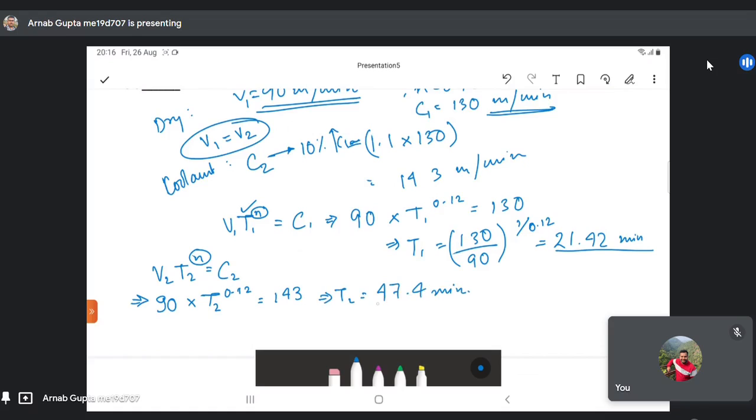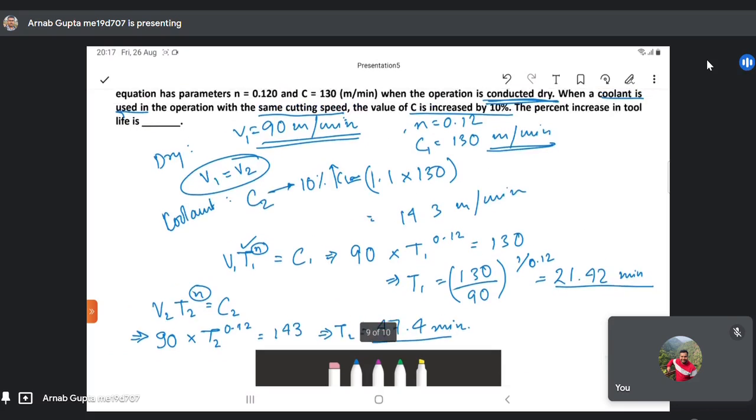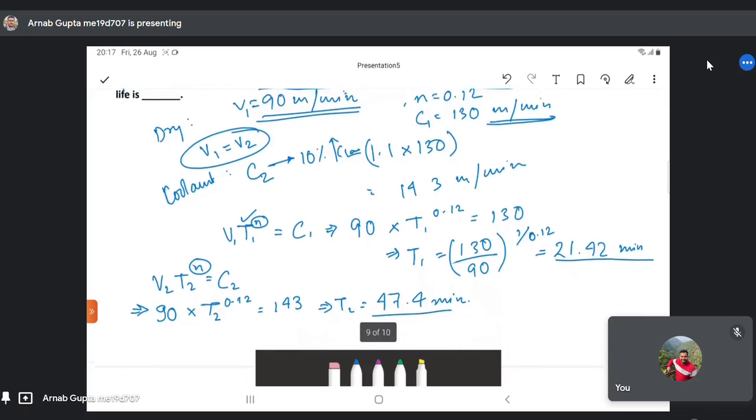So you can see a significant increase in the cutting tool life. So you have been asked to calculate the percentage increase in tool life.